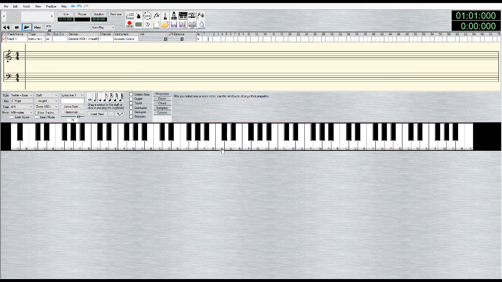In other words, it's not a step over to E. Rather, it's a skip. We skip over D to get to E, and we skip over F to get to G. So, with that in mind, we have two skips that make up this chord.